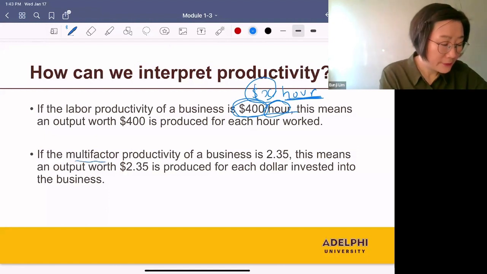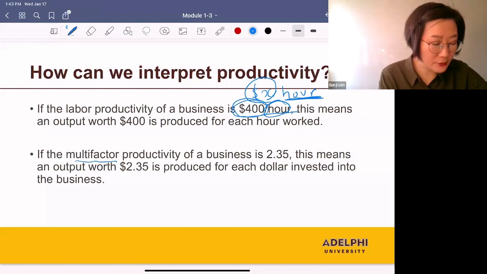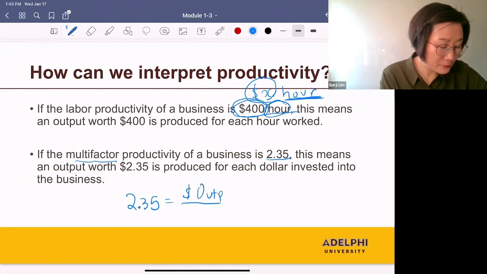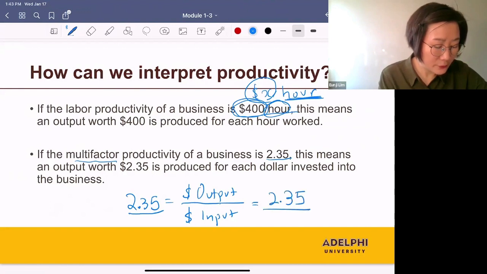How about the multi-factor productivity? If the multi-factor productivity of a business is 2.35, this means, let's look at the definition of the multi-factor productivity. That's the value of the output over the value of the input. And remember, 2.35 is the same as 2.35 over 1, right?